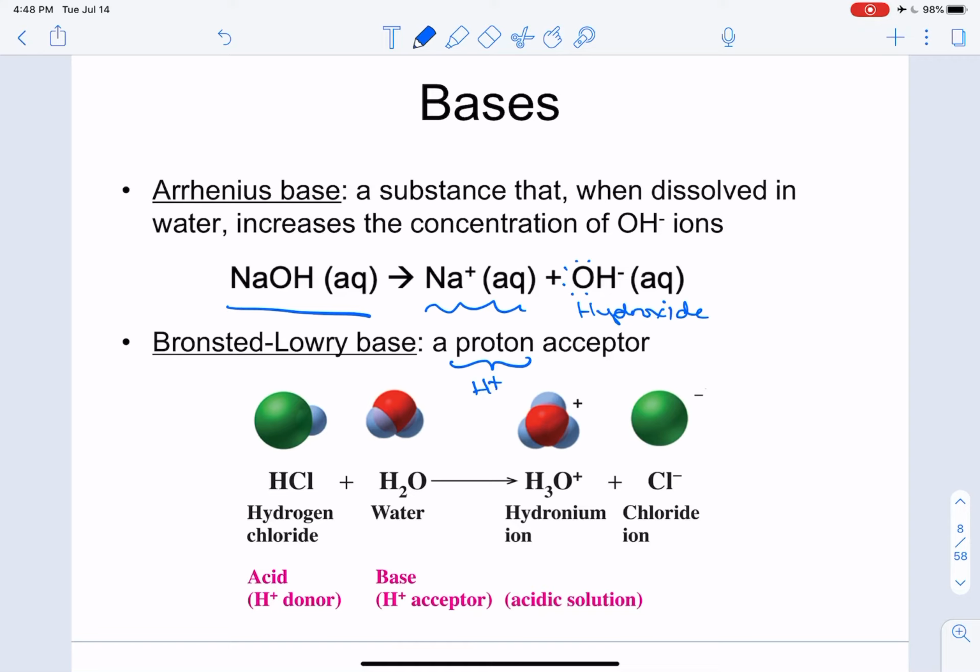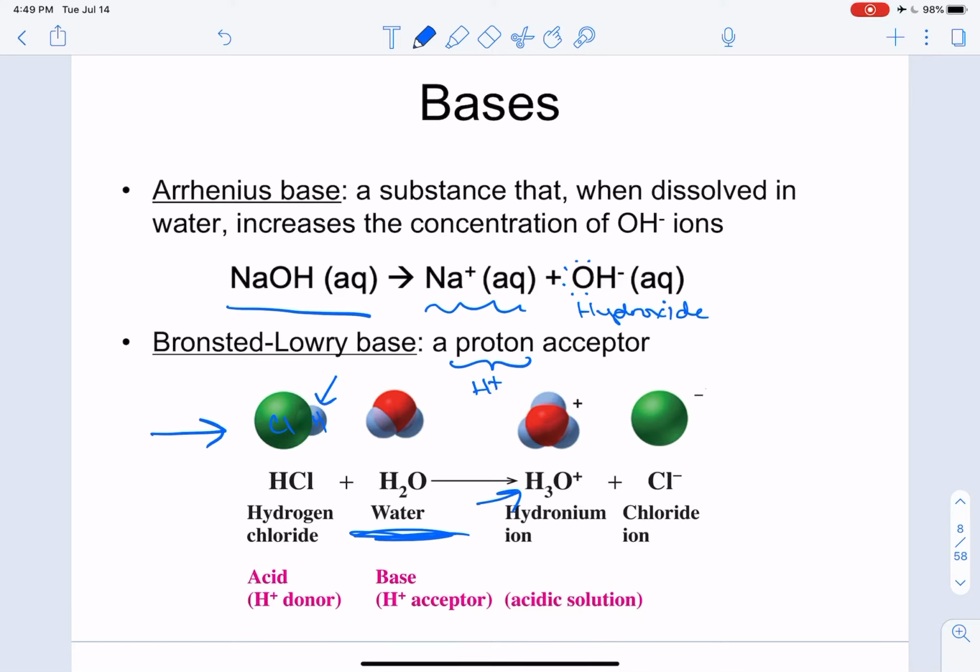So if we take a look at this acid reaction that we saw before in the acid slides, what you see is you have hydrogen chloride, the acid, so the Cl is here and the H is here. And then we have water here. And what happens is that the water accepts this H+ right here and becomes the hydronium ion.